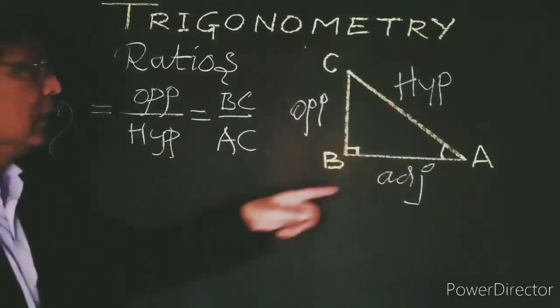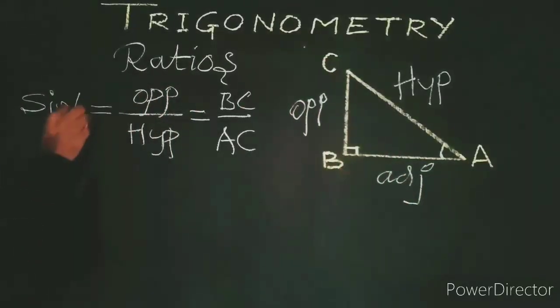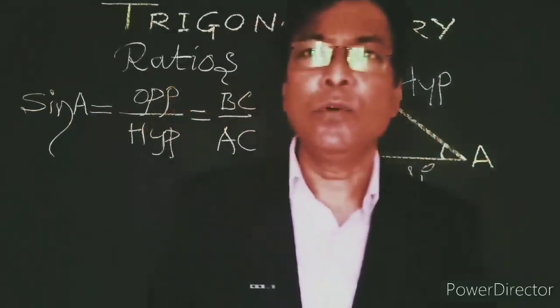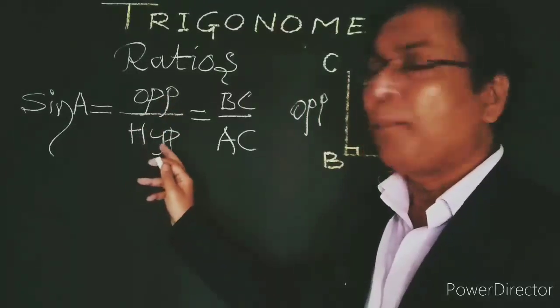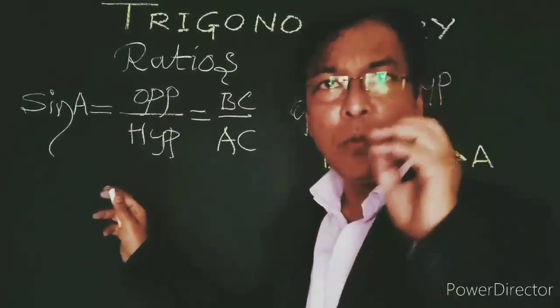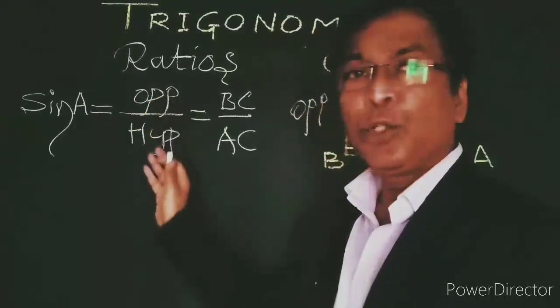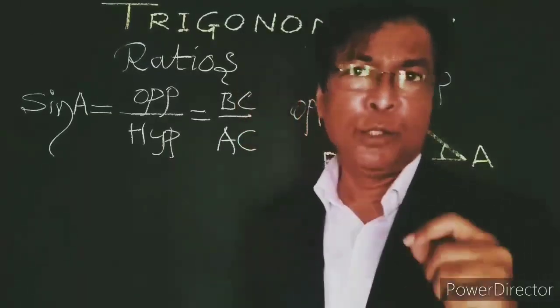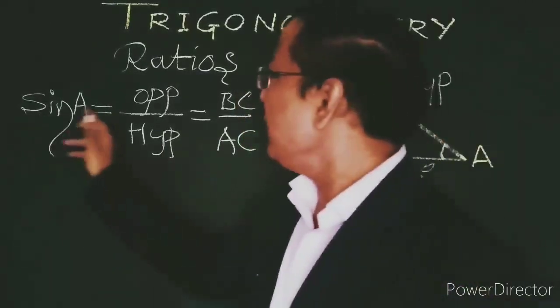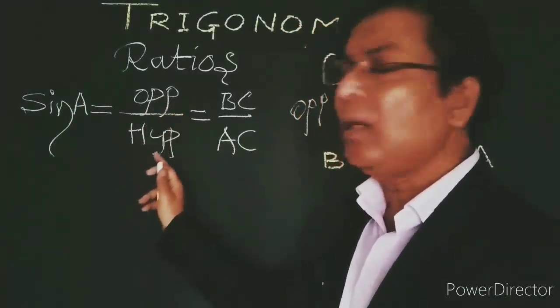And we are observing these sides from angle A. Therefore, we call it sine A. Therefore, sine means opposite side upon hypotenuse. We have to remember this, it is very important. We have to remember these ratios because they are very useful while solving numericals. I repeat, sine A means opposite side upon hypotenuse.